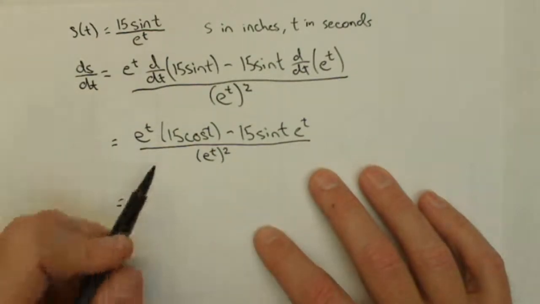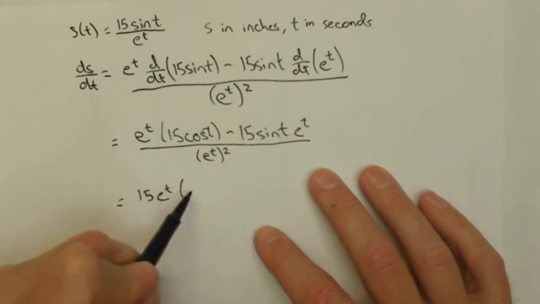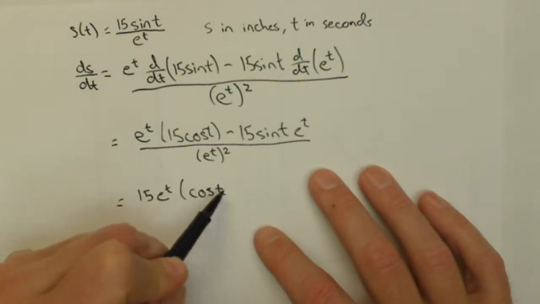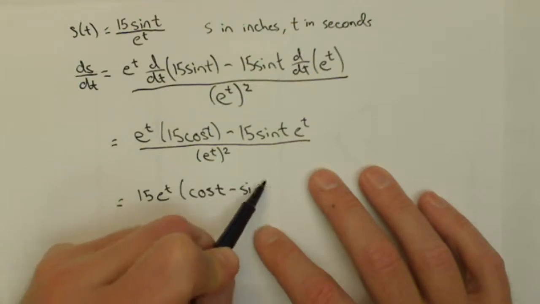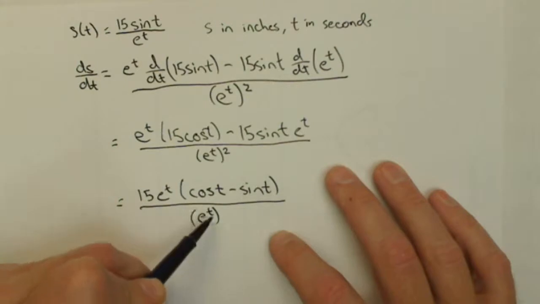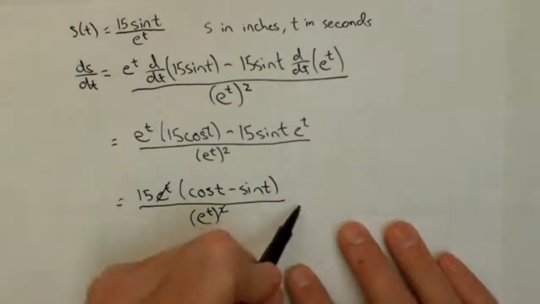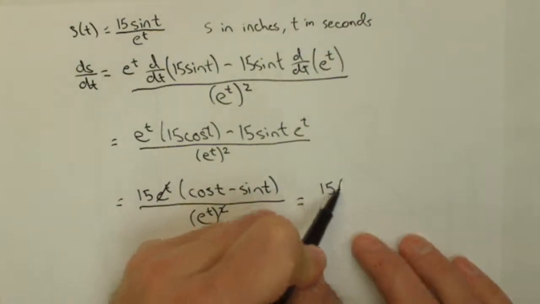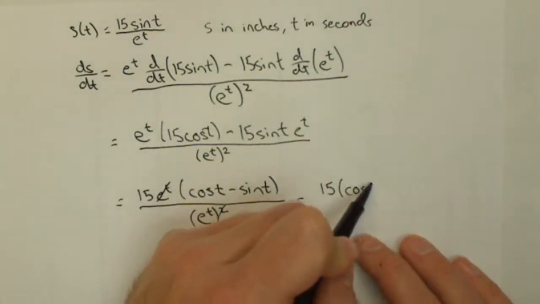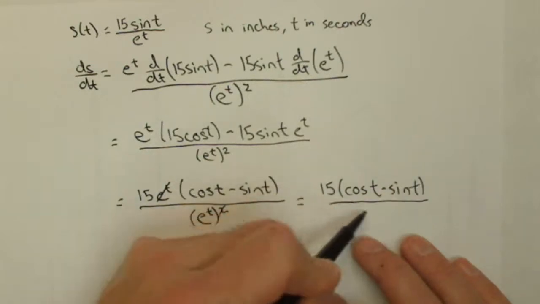We can factor out 15 e to the t, just to see if we can simplify a little bit, times cosine of t minus sine of t, all over e to the t squared. Cancel out one of the e to the t's here, so it's a little bit more simplified. We have 15 times cosine of t minus sine of t over e to the t.